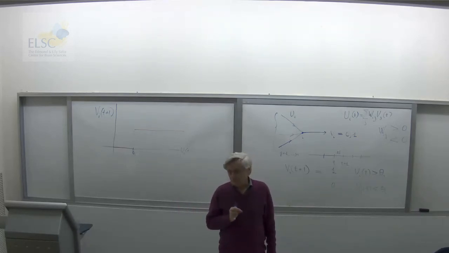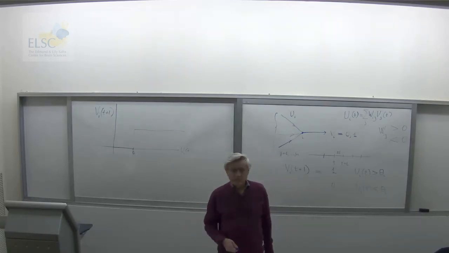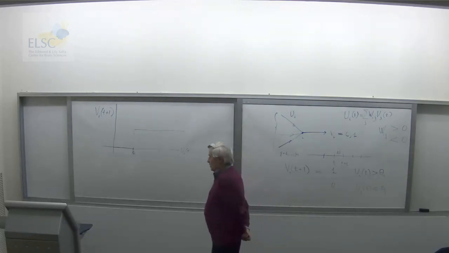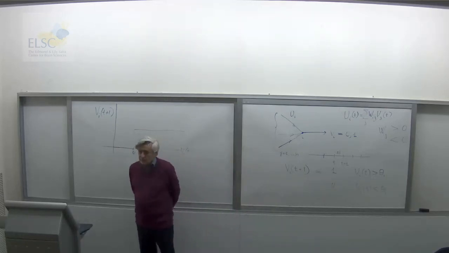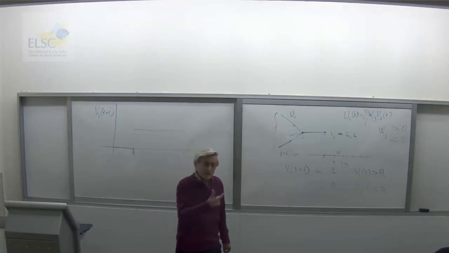Every input, the same input, will always provide the same output. This actually is not the case. There are a number of sources of uncertainty in the response of the neuron to the same input.